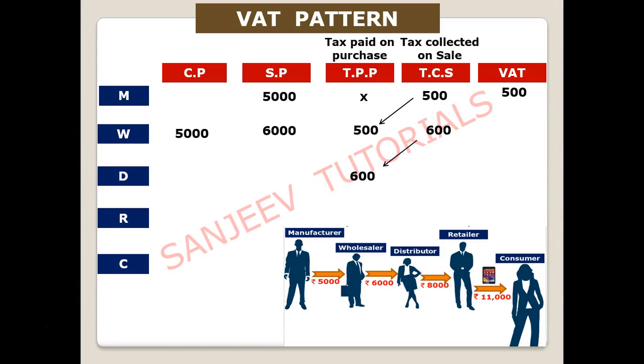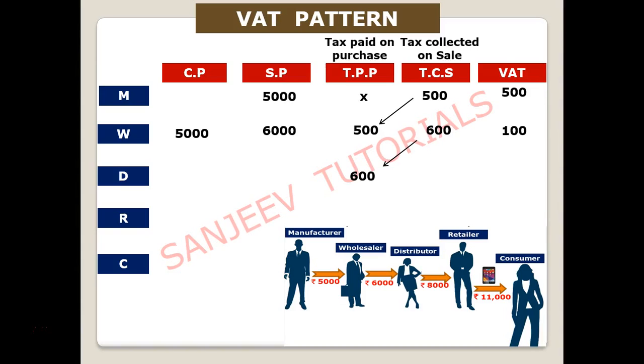The wholesaler has already paid rupees 500 as tax on purchase and collected rupees 600 as tax while selling the product. The difference between these two amounts, that is 600 minus 500, that is 100 rupees, is the VAT that the wholesaler has to pay to the government. So basically VAT is tax collected on sale minus tax paid on purchase.